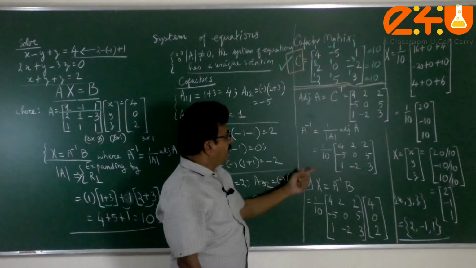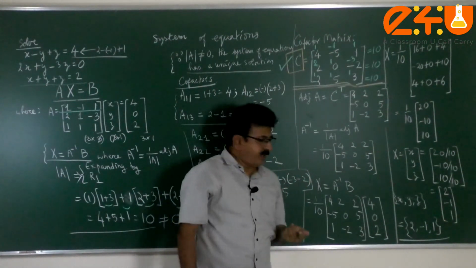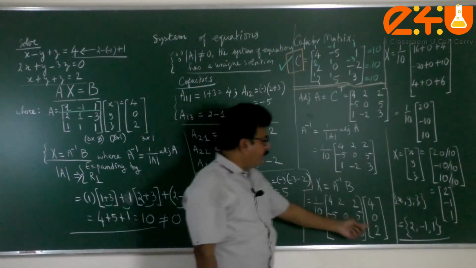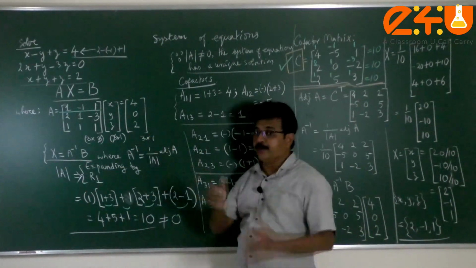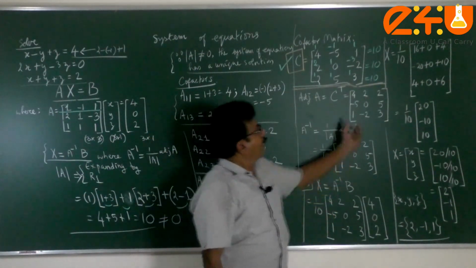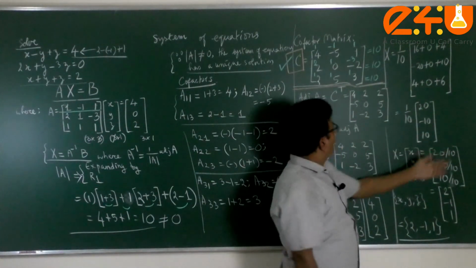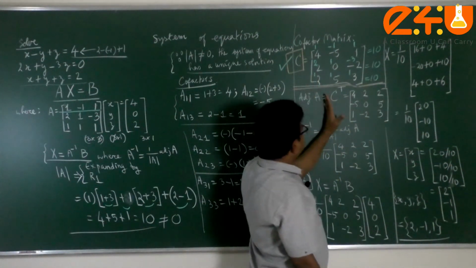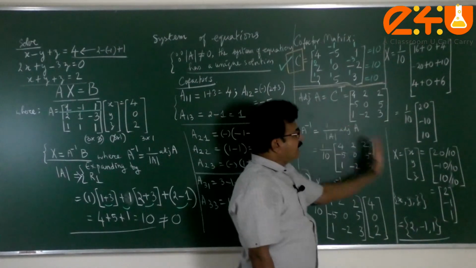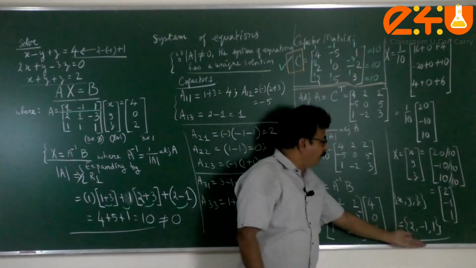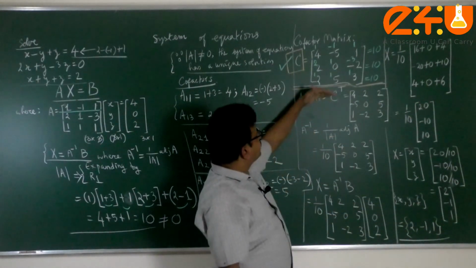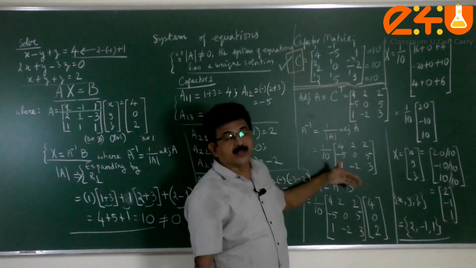Next, finally, is there any other place you can make a mistake? Possibly while copying matrix B. Matrix B, there may be a mistake in evaluation. But once your adjoint is correct, it is easy to find any fault occurring in the solution, because the fault is not here till cofactor or adjoint.